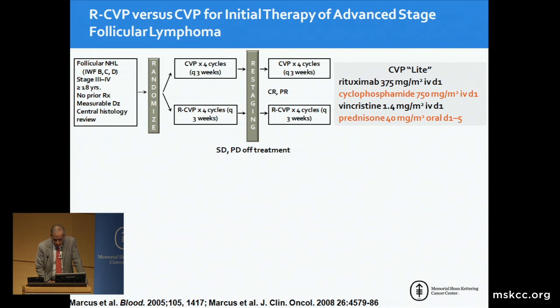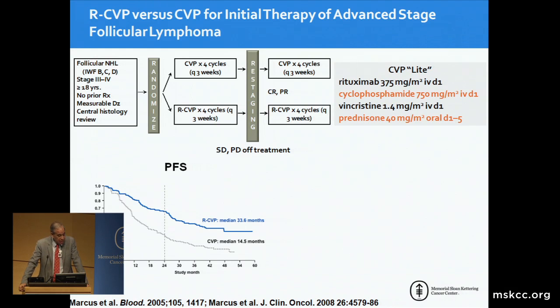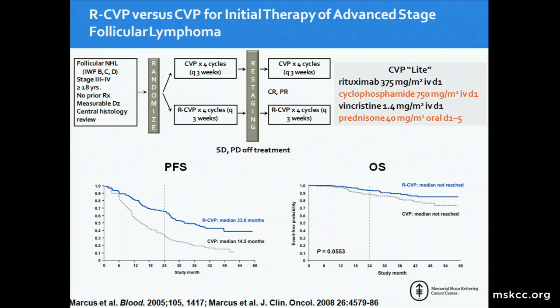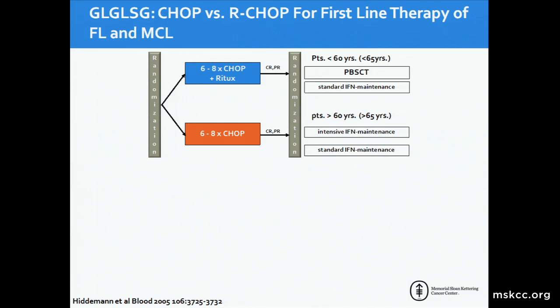In one of the important trials that answered this question, rituximab was added to CVP chemotherapy, showing a dramatic improvement in progression-free survival and an improvement in overall survival. With further update, the overall survival has gotten even more significant. However, the important thing here is very dramatic differences in progression-free survival, only modest differences in overall survival.